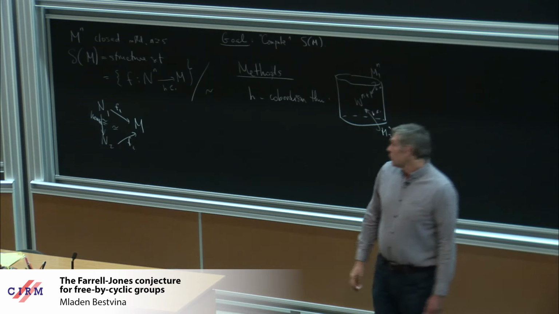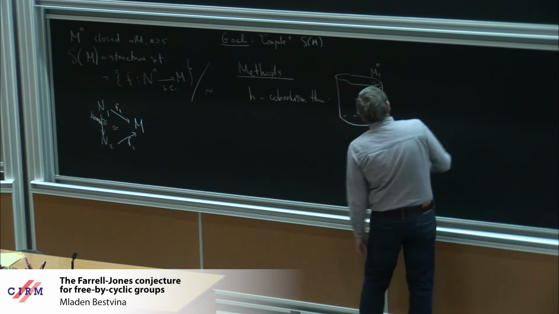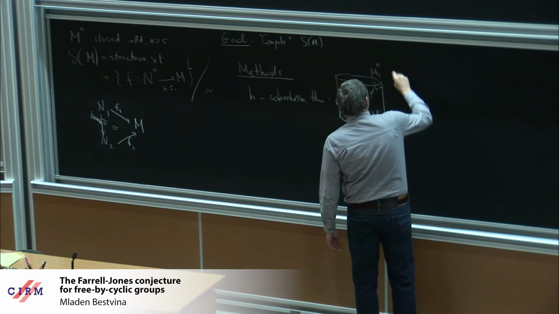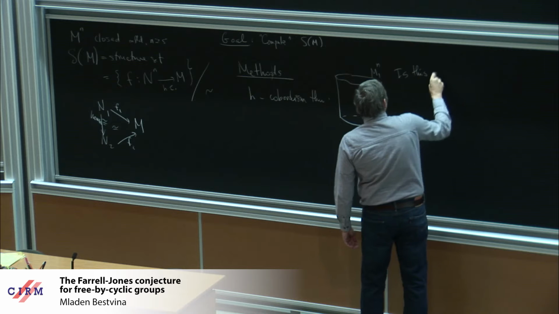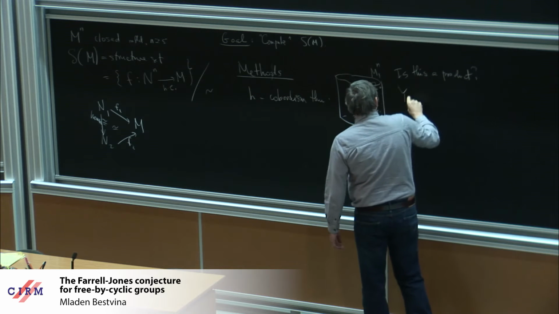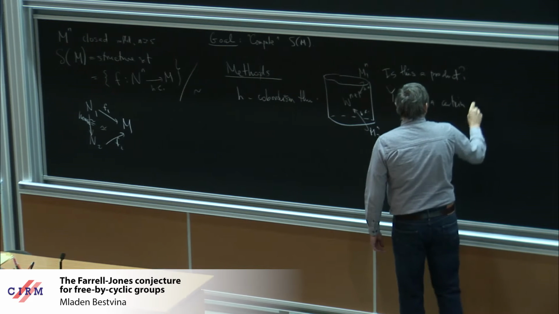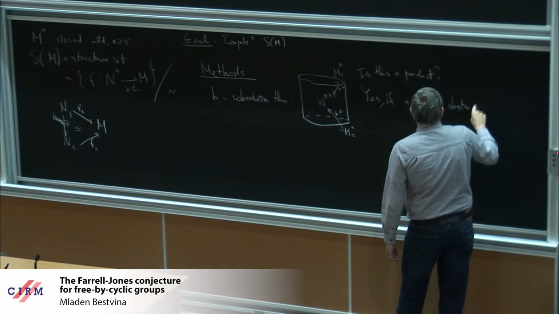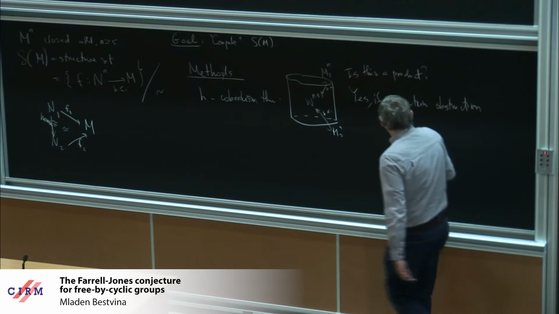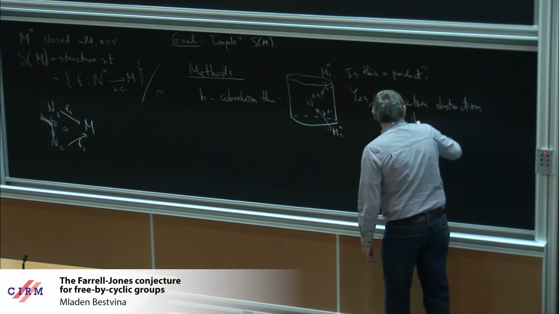And as everybody knows, there's an issue. There's an obstruction. So is this a product? Okay, so yes, if a certain obstruction called the Whitehead torsion, tau, in a group that depends on the fundamental group, is 0.